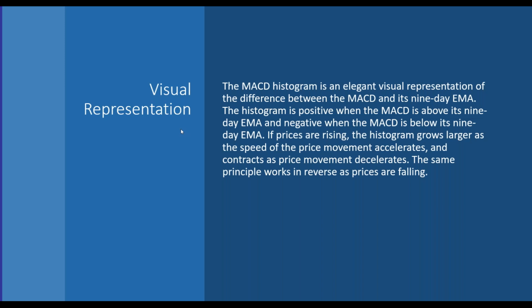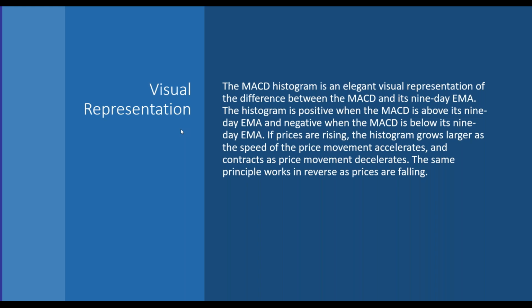So the MACD histogram is just an elegant visual representation of the difference between the MACD and its 9-day EMA. The histogram is positive when the MACD is above its 9-day EMA and negative when the MACD is below its 9-day EMA.